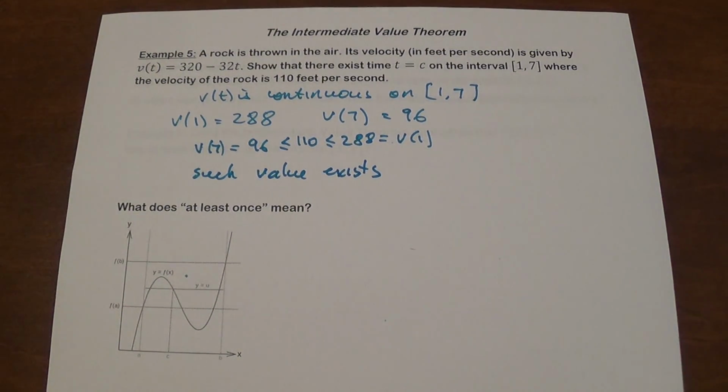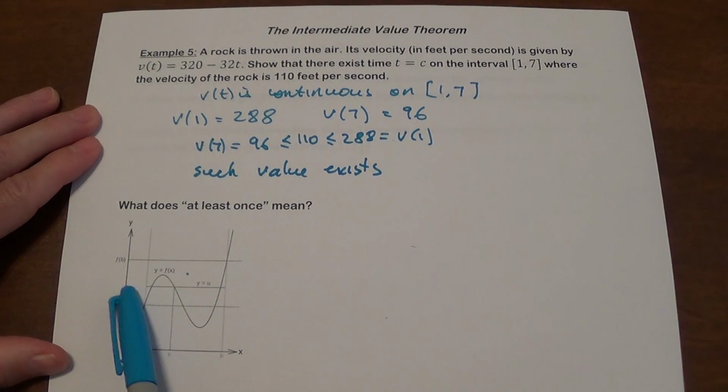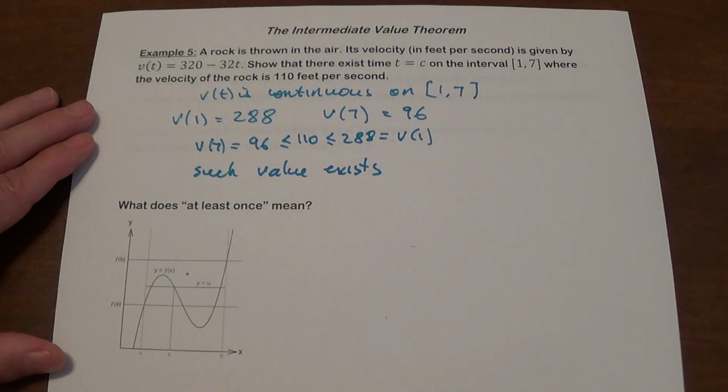There's a couple more things I want to show you. First of all, what does at least once mean? That means when we pick a value on the interval from f of a to f of b, that means that if the function is continuous, there's guaranteed to be at least one point on the interval from a to b where that value is going to be attained. But that means there's at least one. You can have multiple.